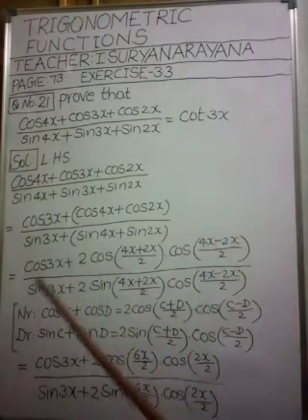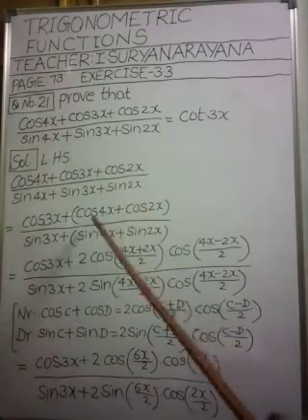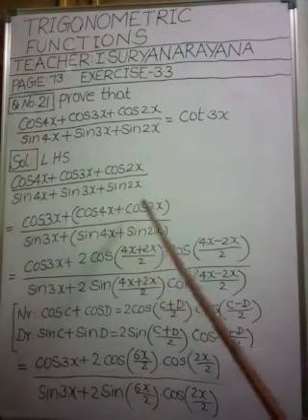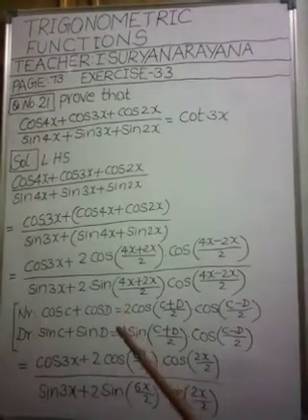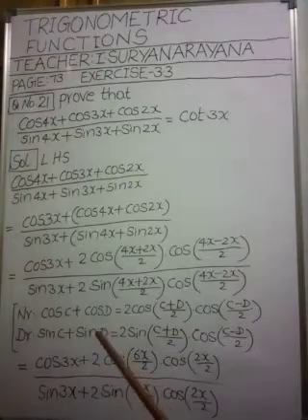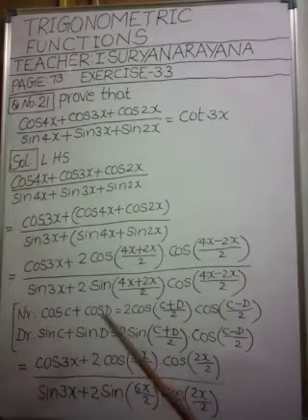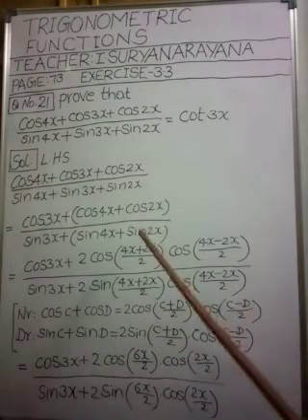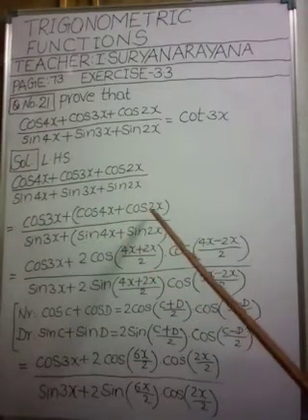Right. That is equal to cos 3x plus, if you observe this pair of terms, what is the formula suitable for simplifying these two terms? Yes, the cos c plus cos d formula. What is the formula? cos c plus cos d equals 2 cos((c+d)/2) cos((c-d)/2), where c is equal to 4x and d is equal to 2x.